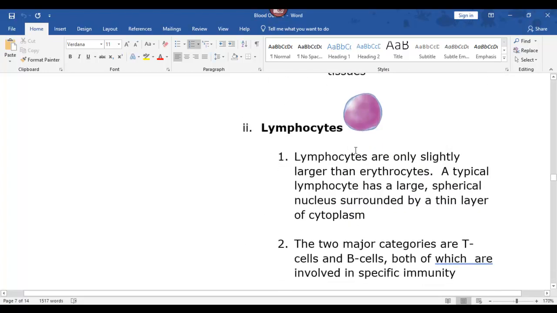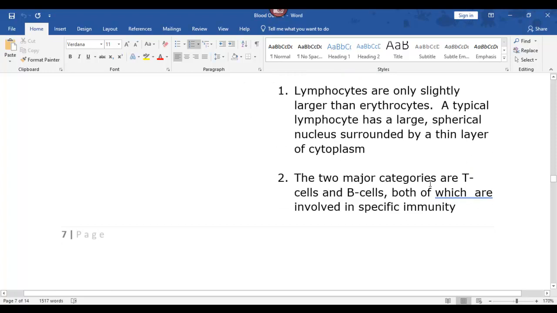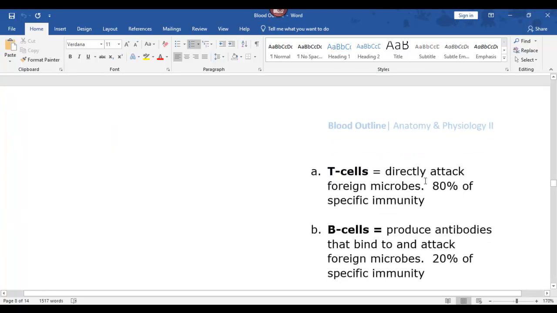In a lymphocyte, they are involved with what is called specific immunity. And we're going to cover that with the lymphatic system. But yes, they are what are called B cells and T cells down here. T cells make up 80% of a person's immunity, and it's very specific. They only attack certain things. They attack basically whatever the stimulus was that caused them to be produced.